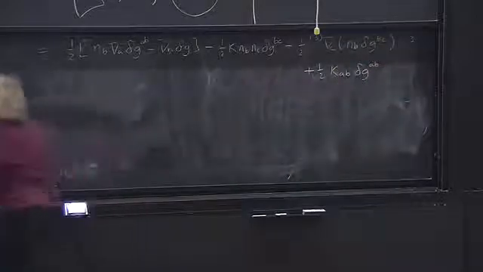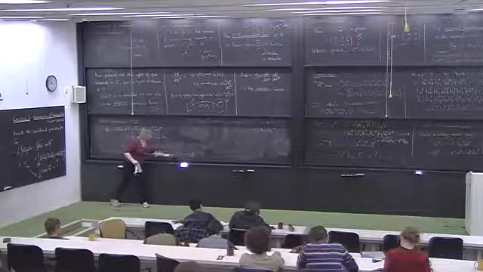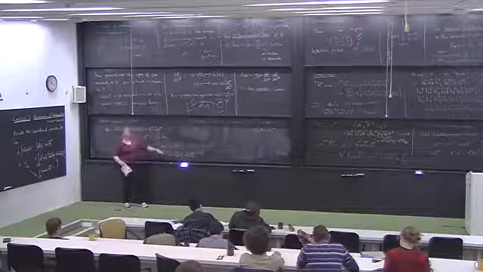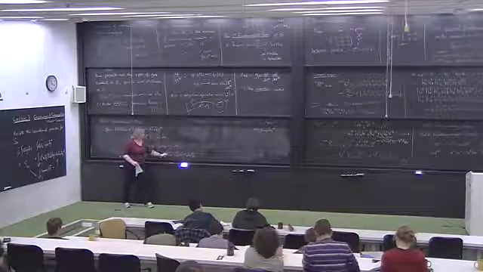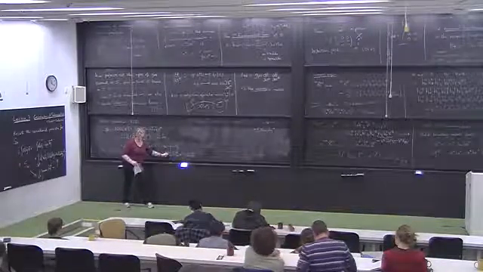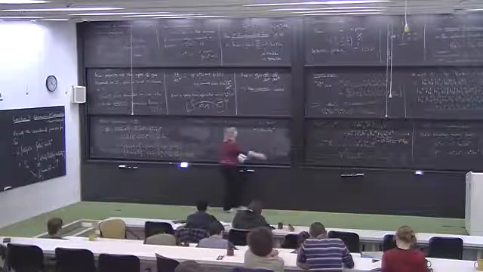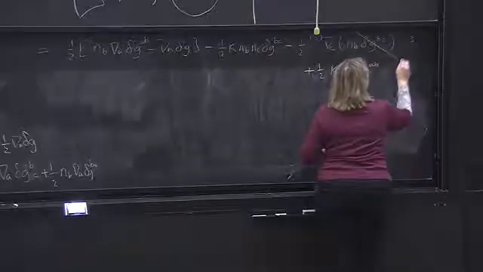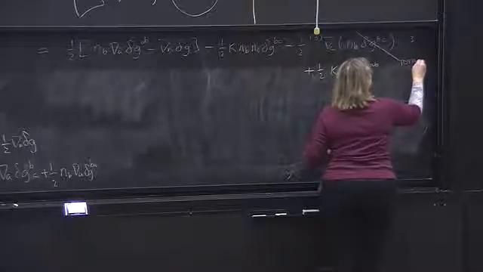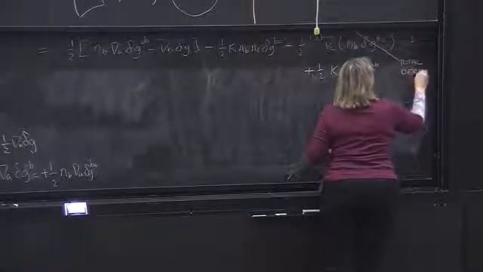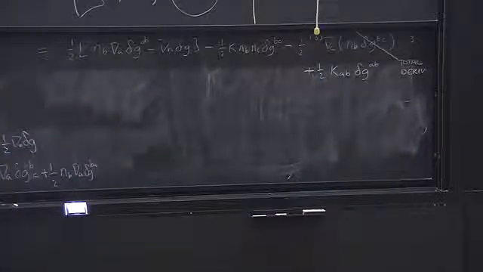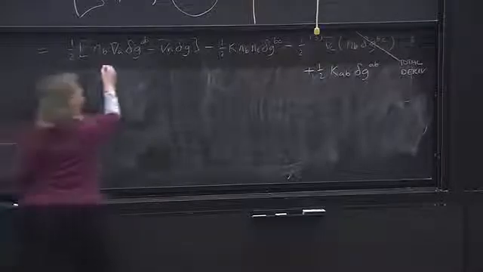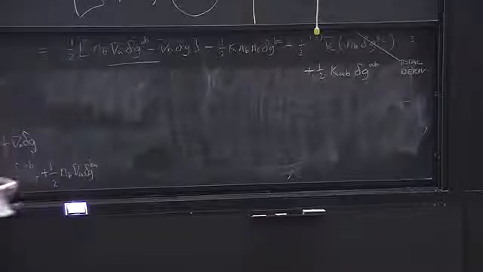So what I've done here is I pull that NB inside, and then I have to take its derivative, so that's where that KAB comes from. And then what I've got is simply the lower dimensional covariant derivative. So this term now genuinely is a total derivative because we're on the boundary, and the boundary of a boundary is 0. So this gives me nothing because there's no boundary to my boundary. And so what I'm left with is the bit that I want to cancel.